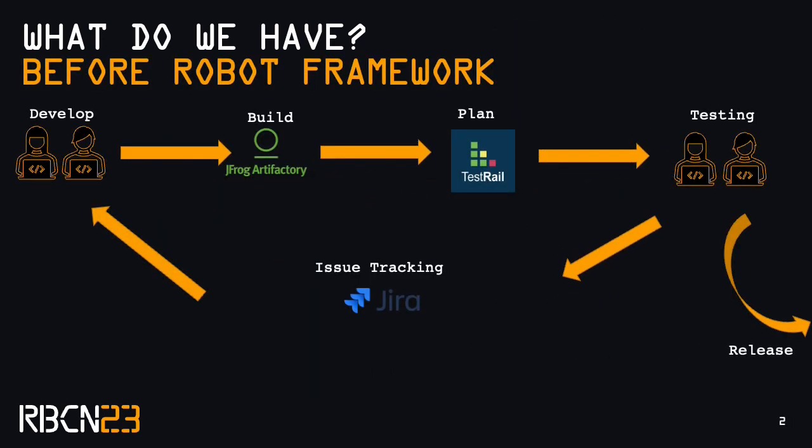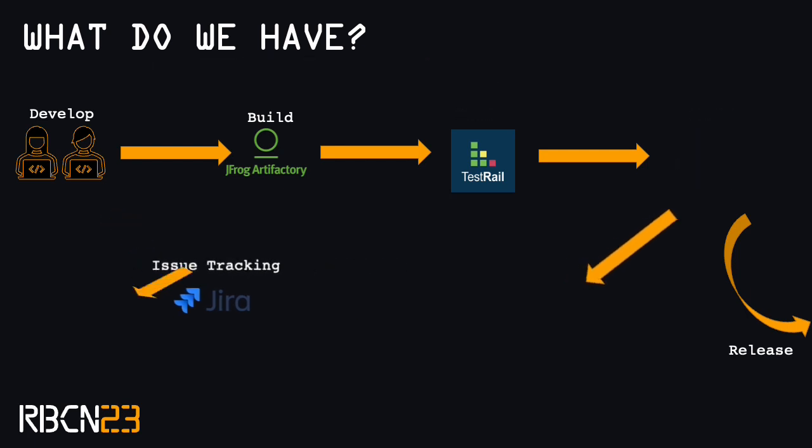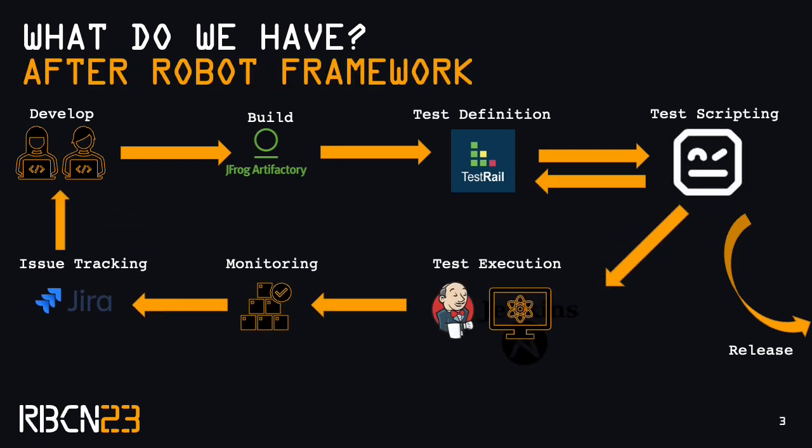Before our test automation, the development and testing were more like a waterfall model. The test definitions may come in parallel with the development, but the test execution will always be at the end. After introducing Robot Framework, the test definition and test scripting become more or less one stage.